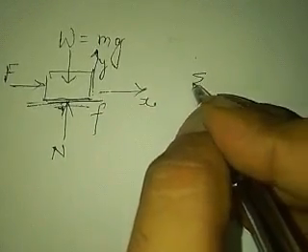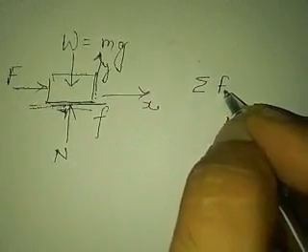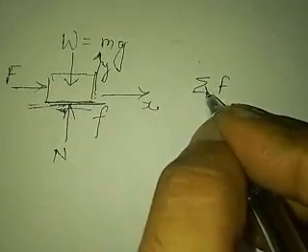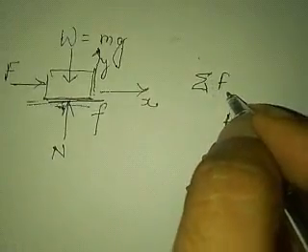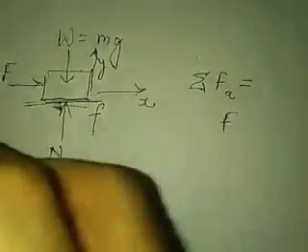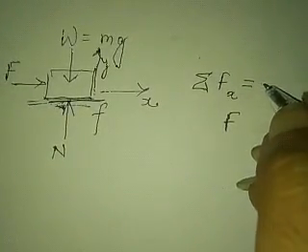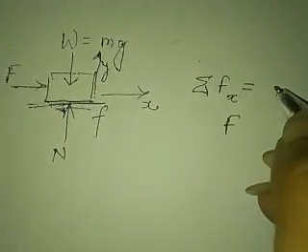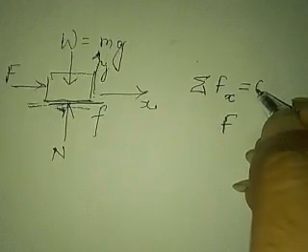I can say that for these forces along the x-axis, the equilibrium of forces, I am writing it as summation along the x direction. The sum of all forces along the x direction should be 0.